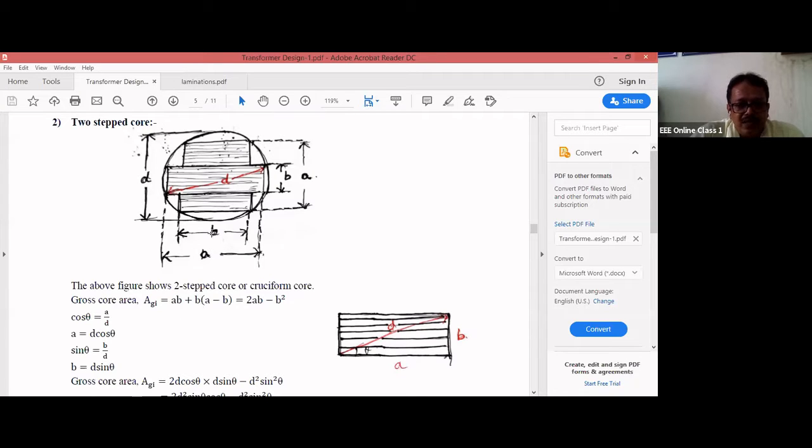Next, I'll take the gross core area of the smaller section.